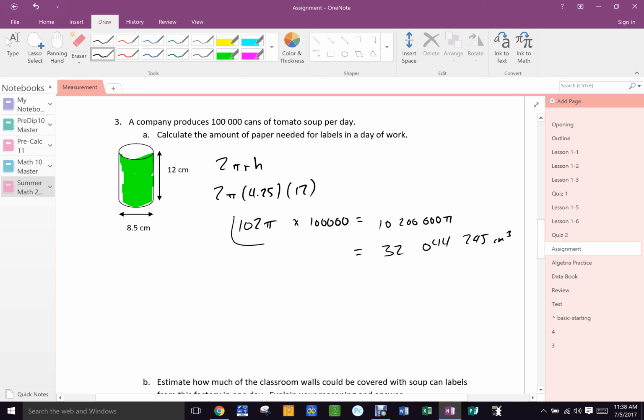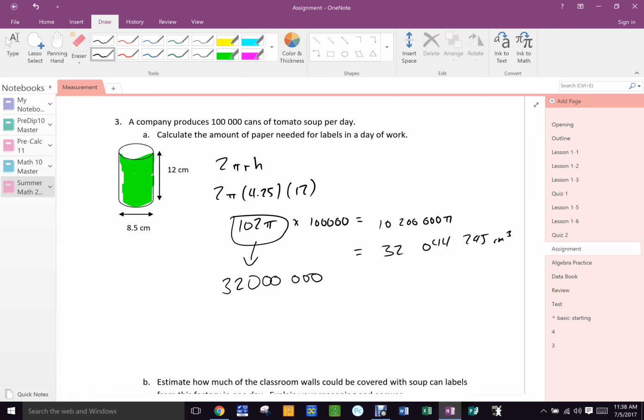Yeah, when you do this right here, you get 320, right? But then you got to multiply 320. That's for one can. Got to multiply 320 by 100,000. So you got to add 5 zeros. 32 million. How do I expect you to multiply?